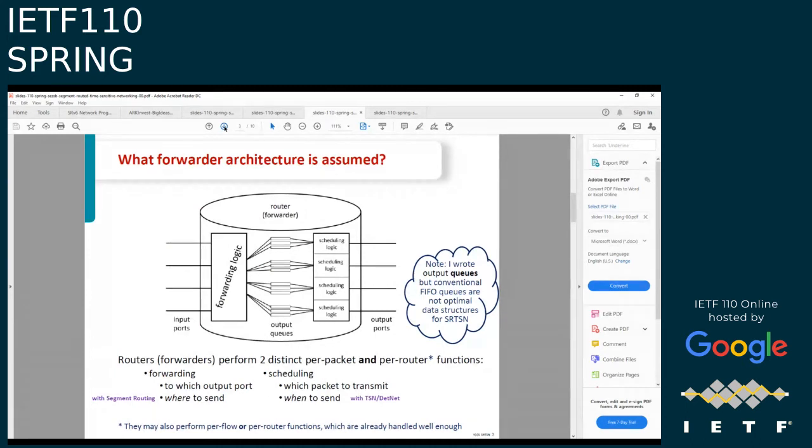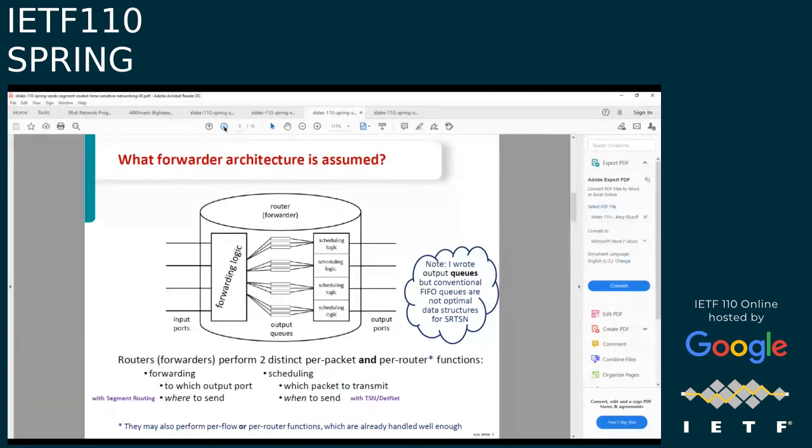Okay, so what I'm assuming is we have some kind of router. I'm talking about the router from the point of view of having two functionalities. Number one, it does forwarding. That is, it decides which output port a packet has to reach, and which queue, I'll call it for now, for that output port the packet has to be put into.